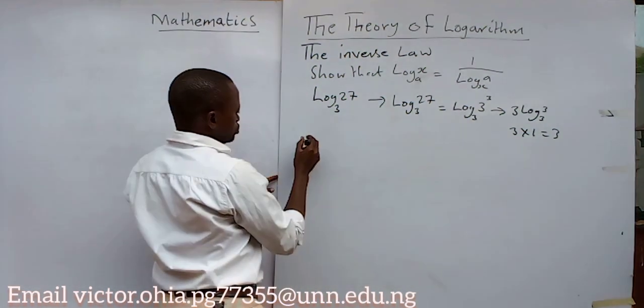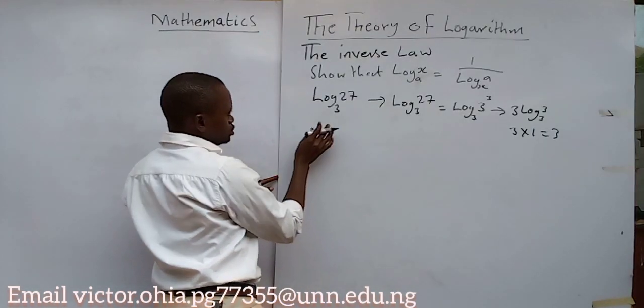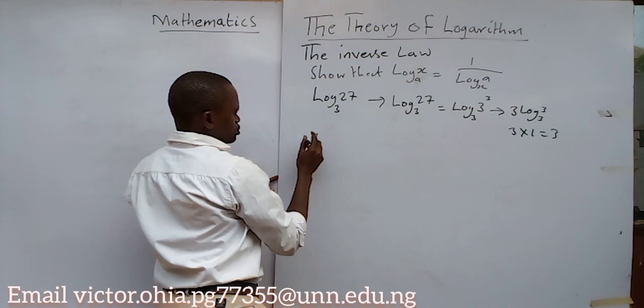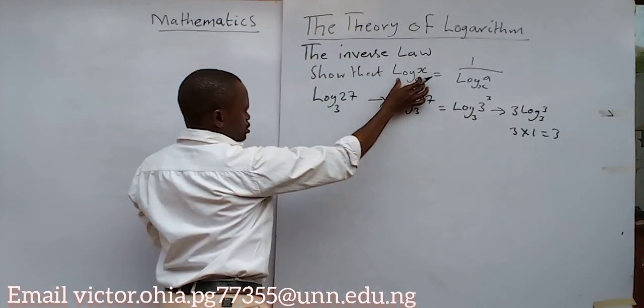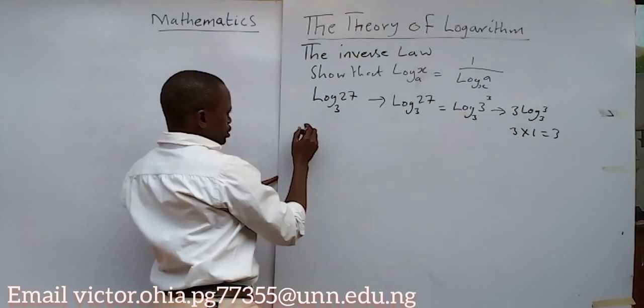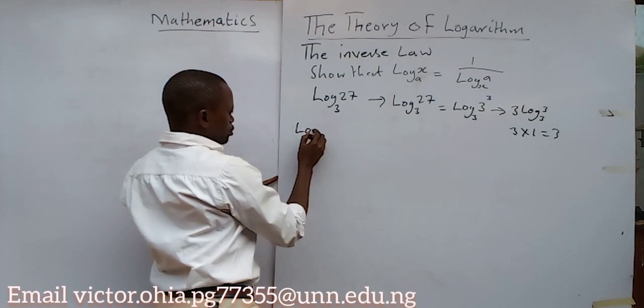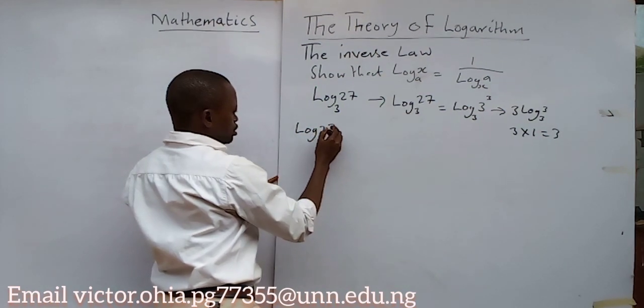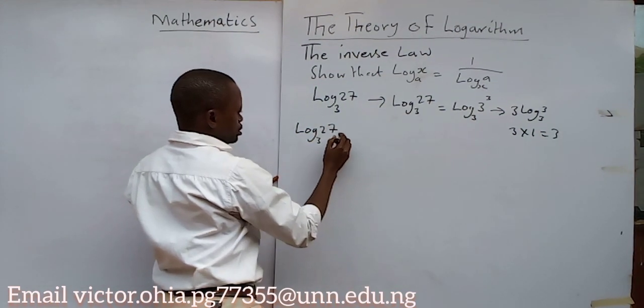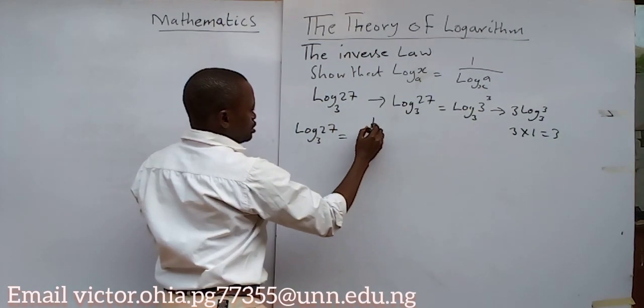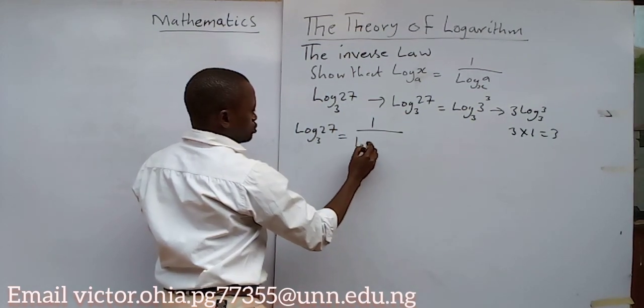Okay, can we now use this to buttress this, to affirm that this is true? Let me come like this. Log 27 in base 3 is the same thing as the inverse of log.